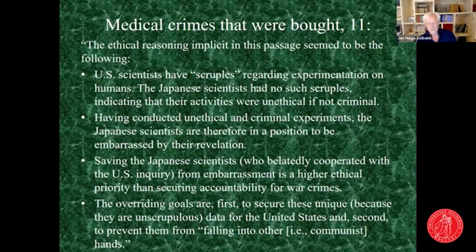Third, saving the Japanese scientists who belatedly cooperated with the US inquiry from embarrassment is a higher ethical priority than securing accountability for war crimes. And finally, the overriding goals are first to secure these unique, because they are unscrupulous, data for the United States, and second, to prevent them from falling into other, that is, communist hands.